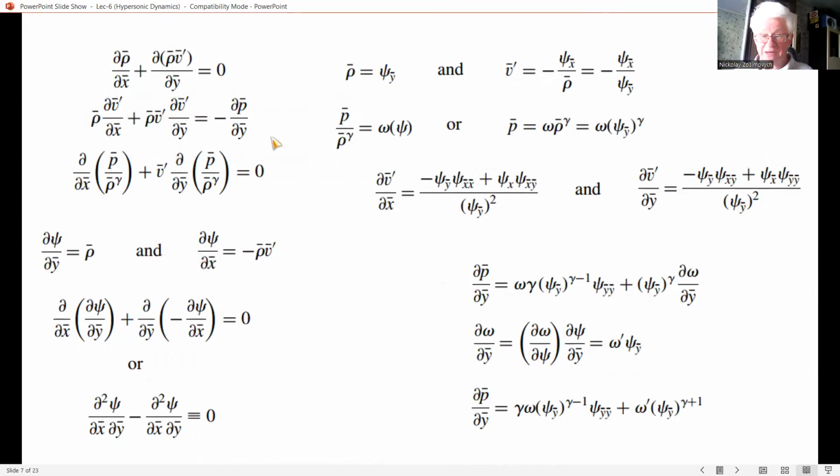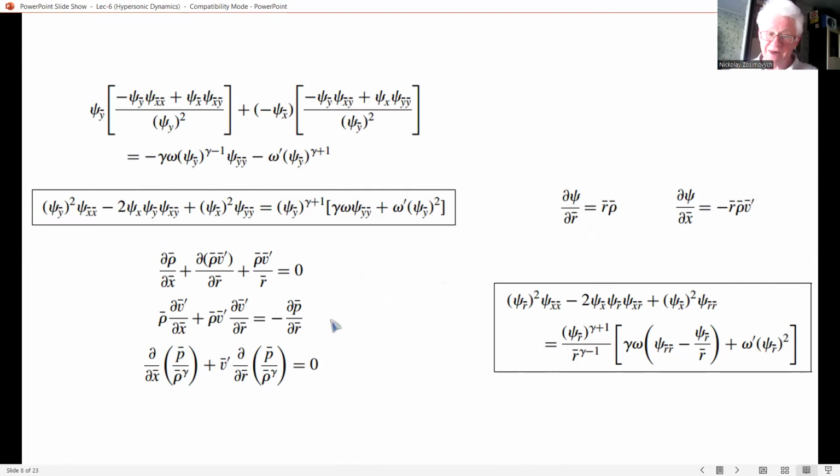These original three equations, it's not very simple. So we will illustrate a solution of our equation for the case of a flow over a slender right circular cone at zero angle of attack.